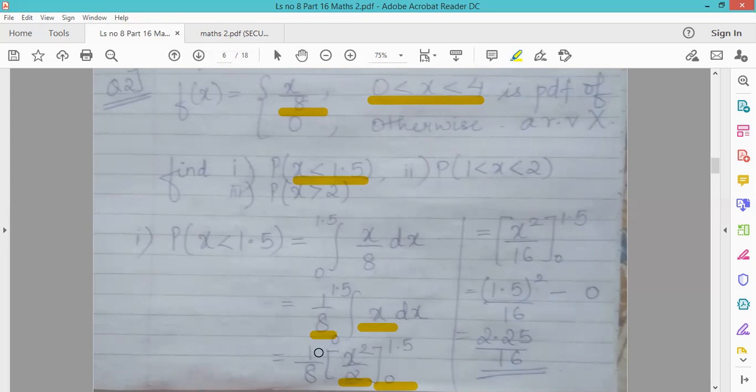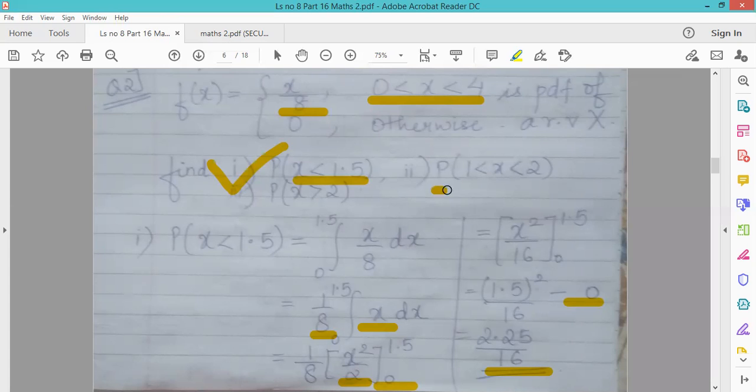So x square into 1 gives you x square, 8 2s are 16, 0 to 1.5. From the upper limit we are going to subtract the lower limit. So 1.5 the whole square upon 16 minus 0 square upon 16, which will give you 0. So आपका answer is 1.5 the whole square, which is 2.25 by 16. So you have found the first probability का answer. Simple.